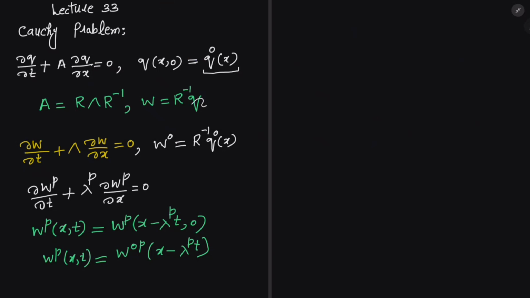Remember that q will be equal to R w. Where did we get this equation? Simply multiply both sides with R, we get R w is equal to q. Now we know what R is. R is the matrix whose columns are all the right eigenvectors.